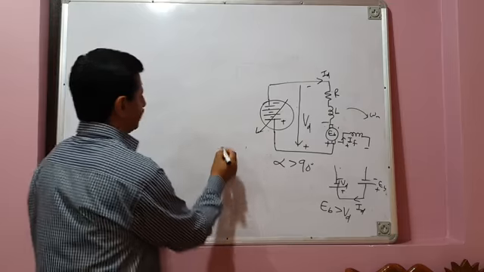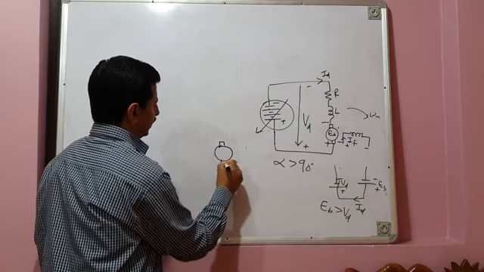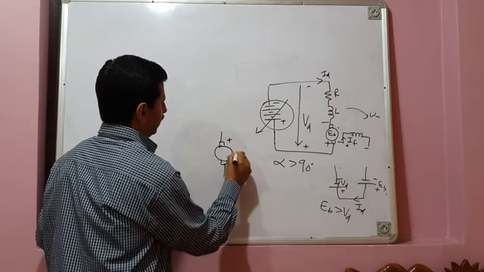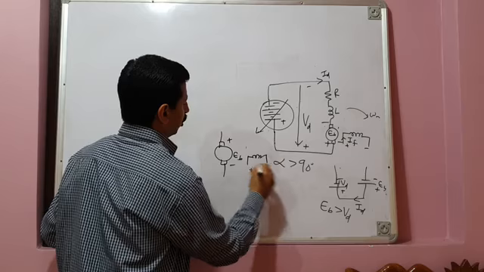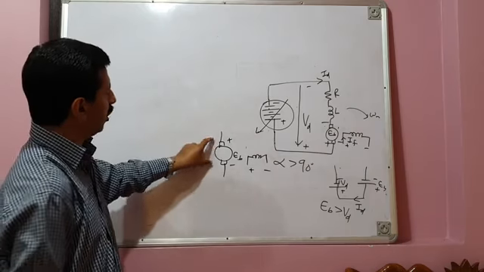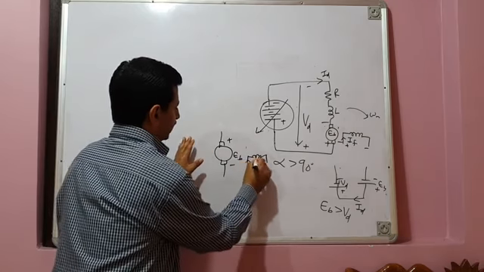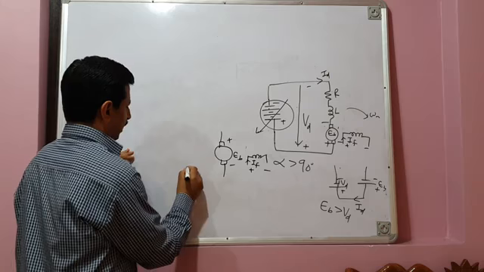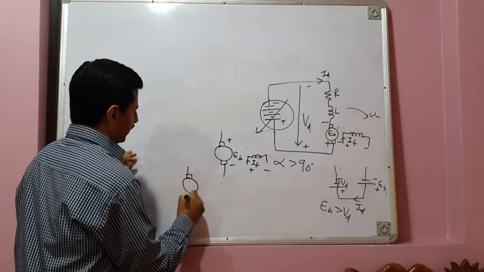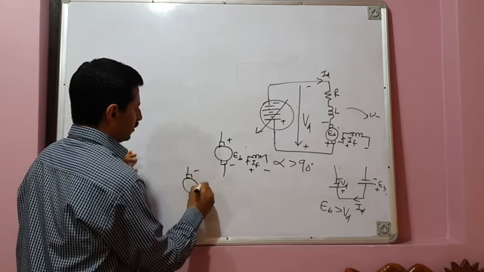Now the question is, if this is your back EMF of the motor and previously it was plus minus like this, how to reverse its polarity during inversion mode of operation? During rectification mode of operation, its polarity is like this, plus minus. During inversion mode of operation, now its polarity should reverse. This terminal should become positive with respect to this.